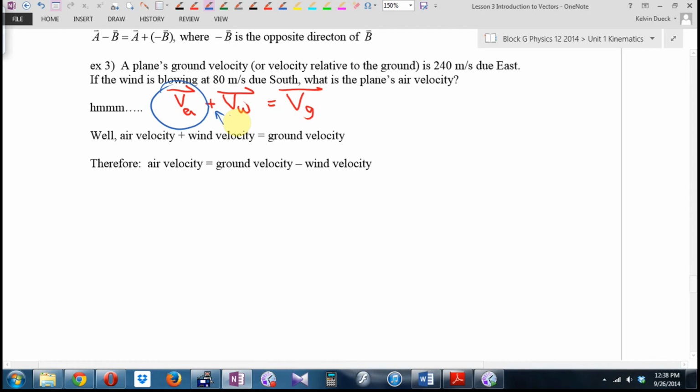As an equation, we would say the air velocity is going to be the ground velocity take away the wind velocity. No, it's not. Because how do I subtract vectors? I don't. What do I do instead? There's the equation. And ta-da, I've turned it into something that I already know.